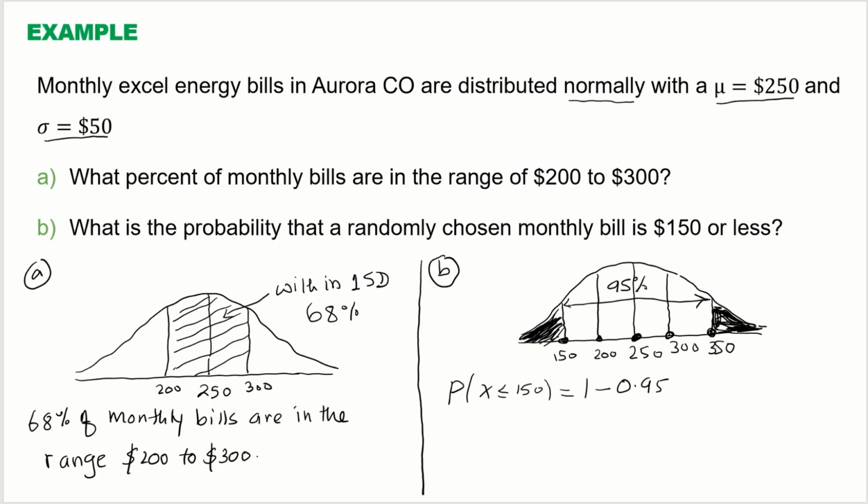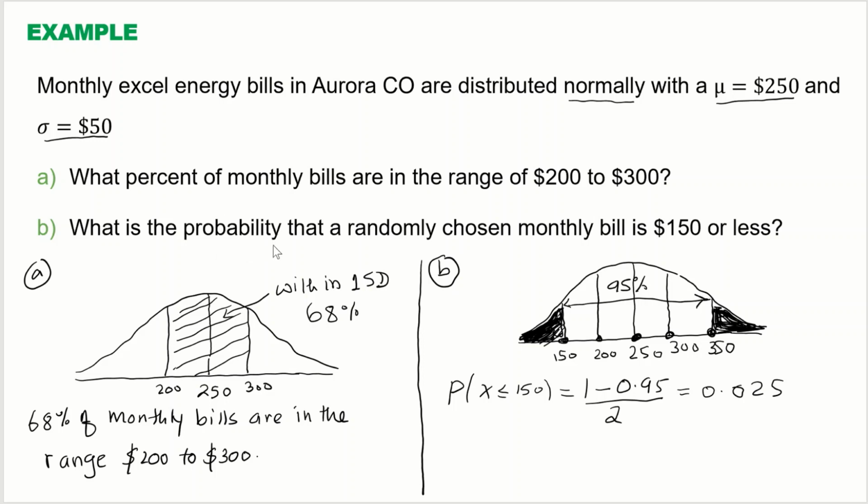These two areas are equal. So if I just want the area on the left, I have to divide these two equally. So divide this by 2. And by dividing this, what we get is 0.025.